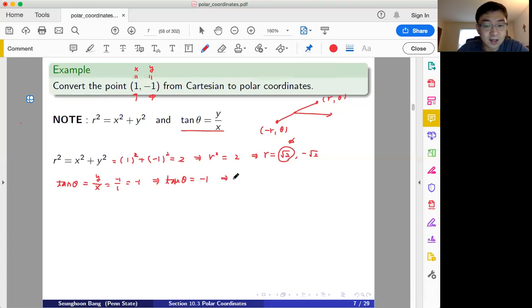What is angle theta? What's angle theta, specifying tangent theta equals minus 1?